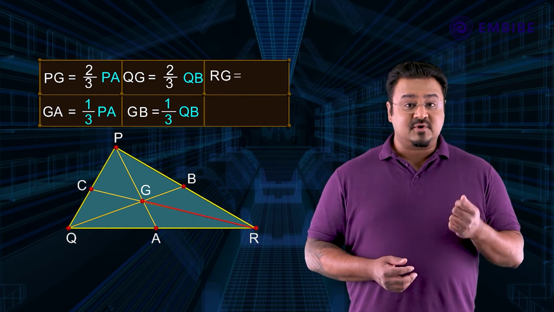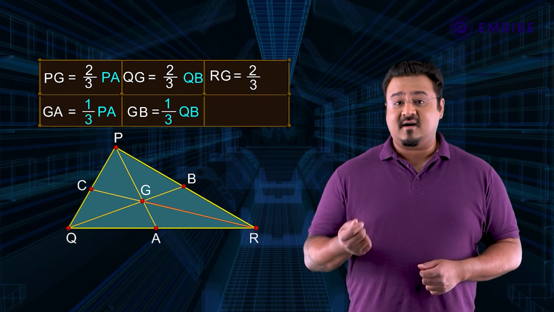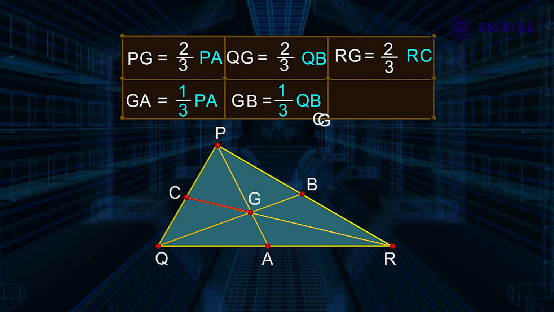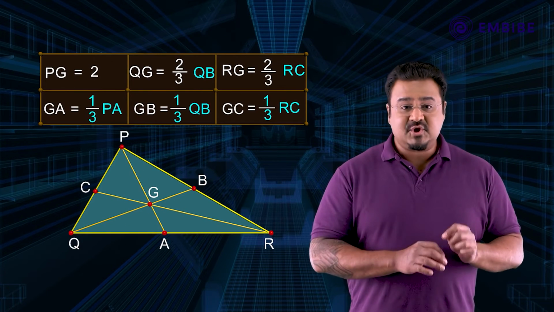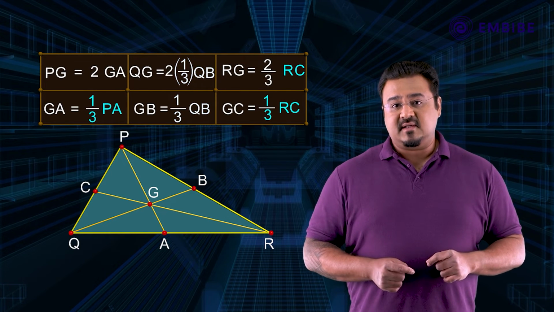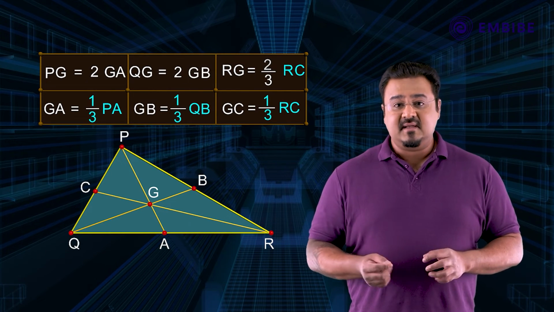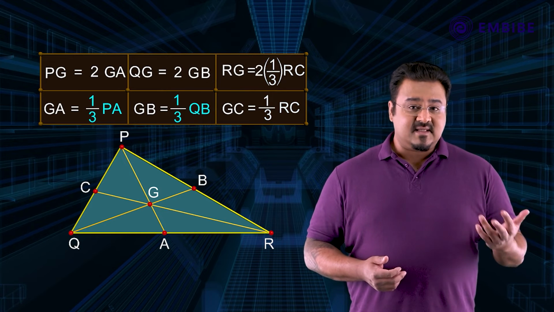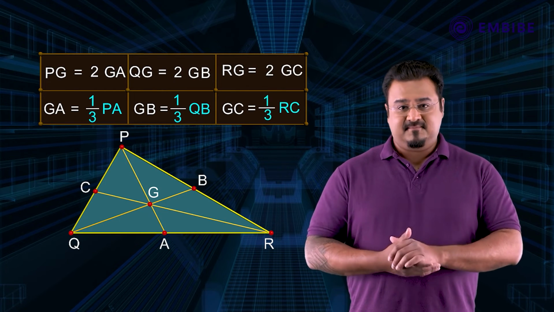RG is equal to 2/3 RC, so that GC is equal to 1/3 RC. Thus, PG is equal to 2GA, QG is equal to 2GB, RG is equal to 2GC.